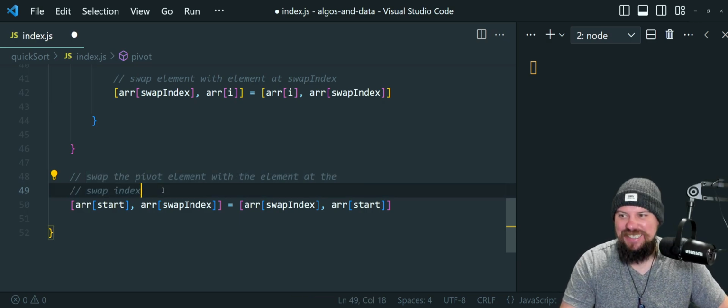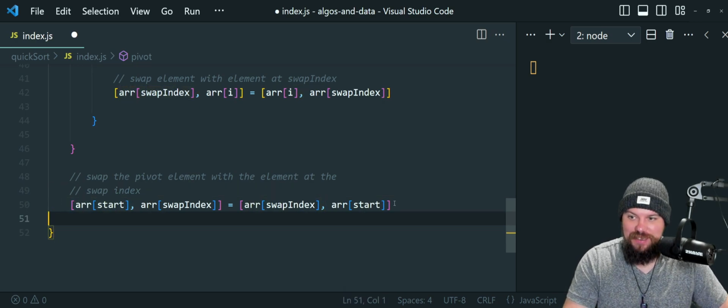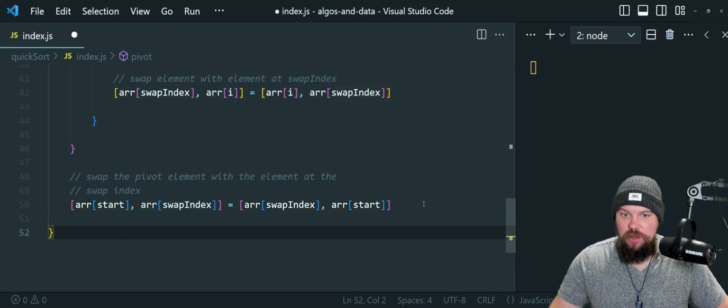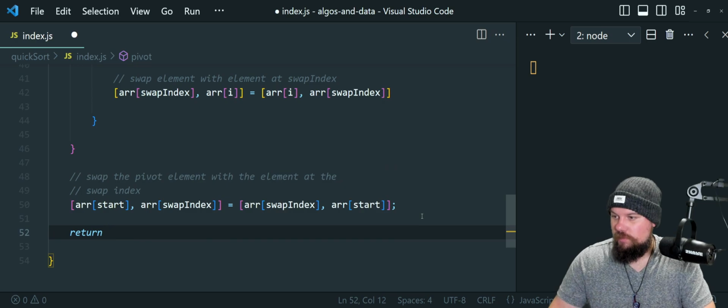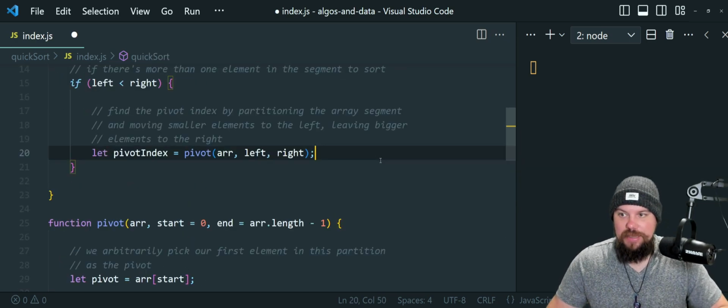Again, it gets confusing, doesn't it? So swap the pivot element with the element at the swap index, right? Okay. After that's done, we need to tell our code to return the swap index, which is what this code gets us right here.